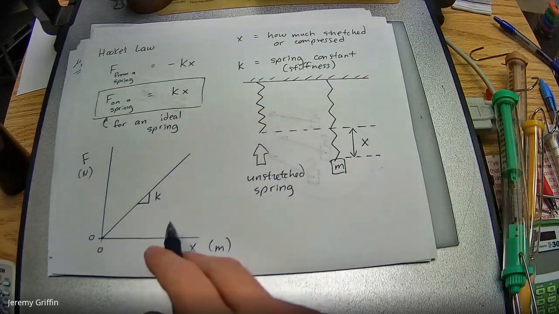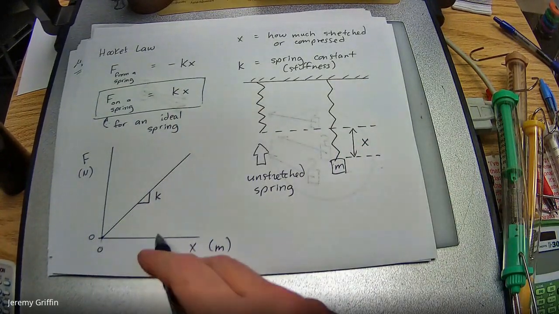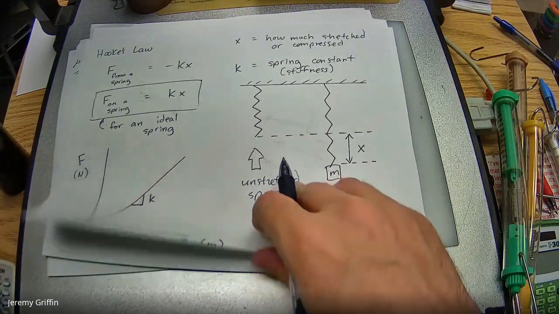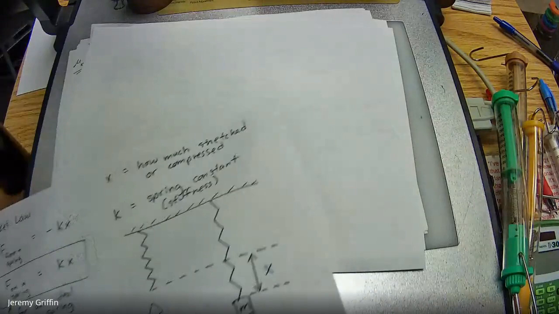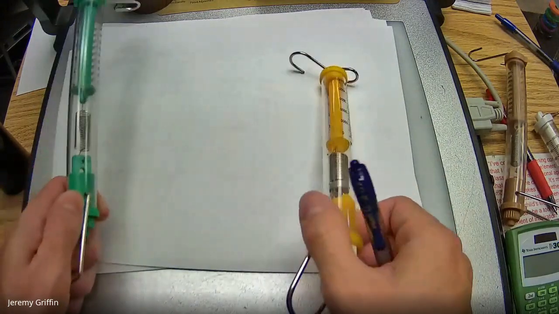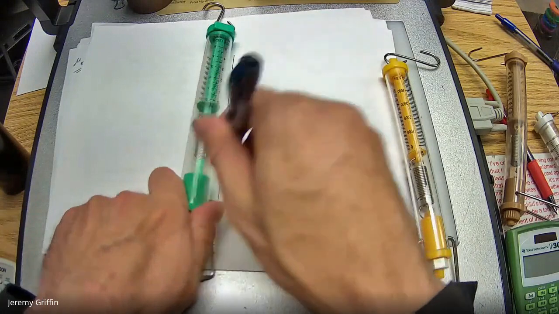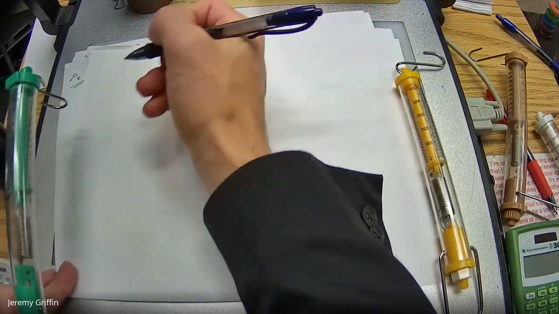So the more you stretch it, if you stretch it twice as far, it would require twice as much force to do that. Like I said, let's calculate the spring constant for a couple of these springs. Bring out these two, the one with the smallest spring constant and the one with the largest spring constant.